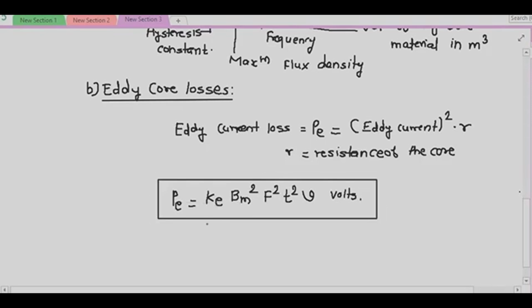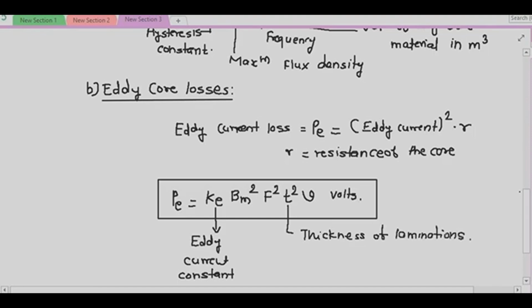Ke is the eddy current constant. Bm is the maximum flux density again. f is the frequency, and the new term here is t, the thickness of laminations. v is the volume of the magnetic material in cubic meters.